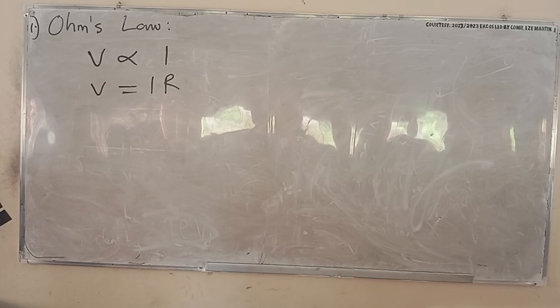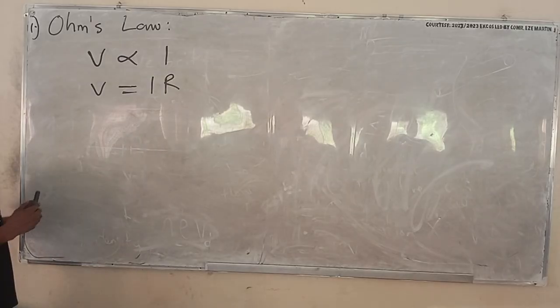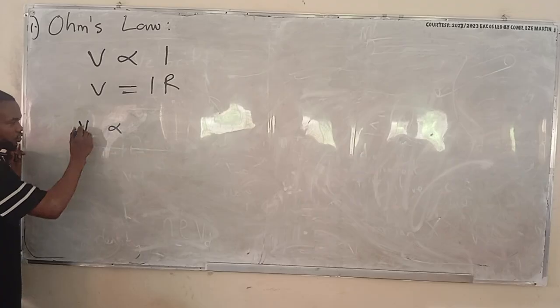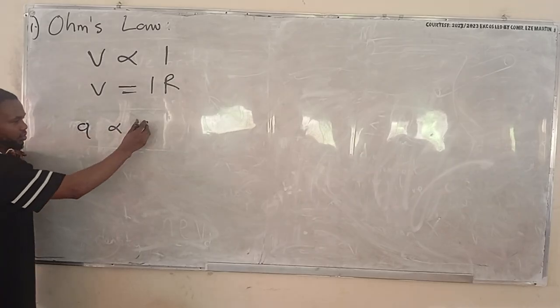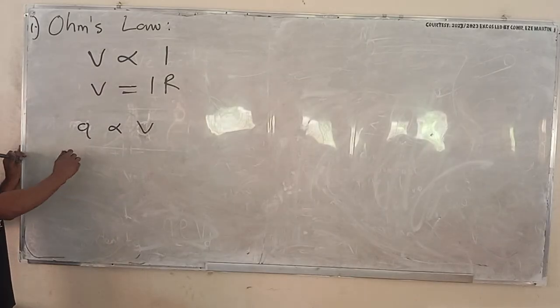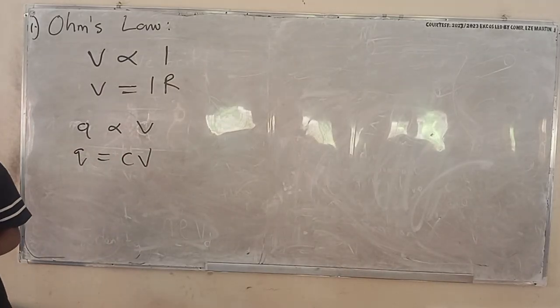They can ask you in an exam, in an objective question, you might see a formula like Q directly proportional to V, which talks about capacitance, is it not true? Where Q equals CV. Do you still remember? You might see something like this.